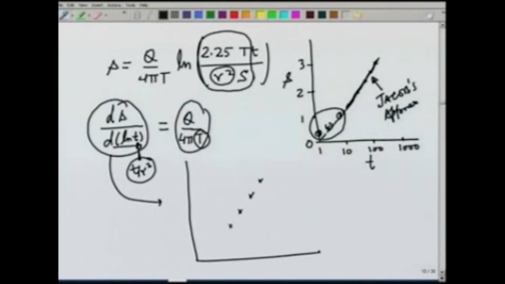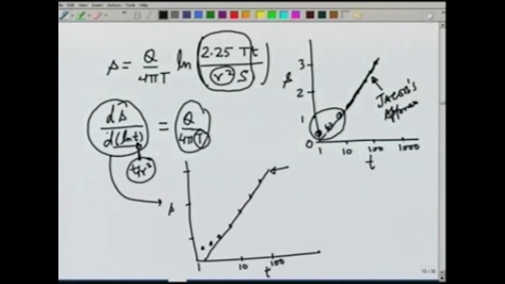So, these are the data points which follow a straight line, and then there are some data points which are away from the line, and this is the line which represents the Jacob's approximation. The t value is, let us say, 1, 10, 100, and S value may be 1, 2, 3.